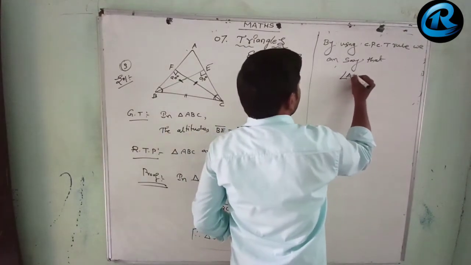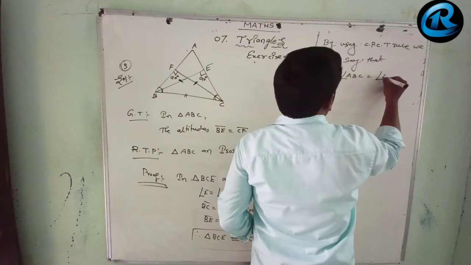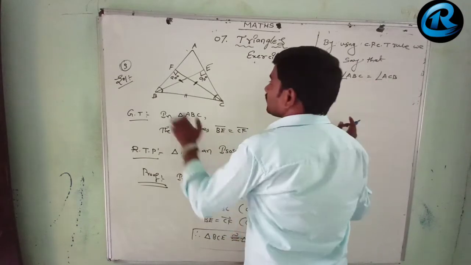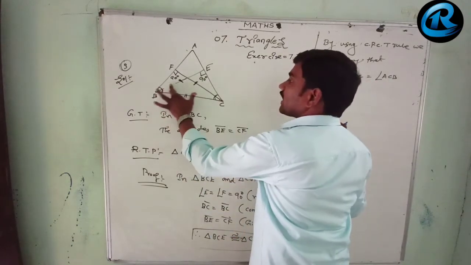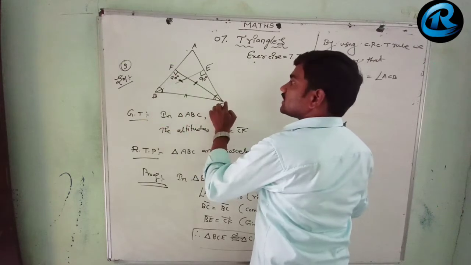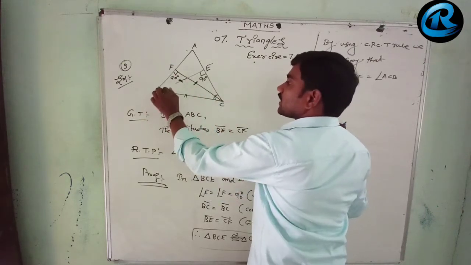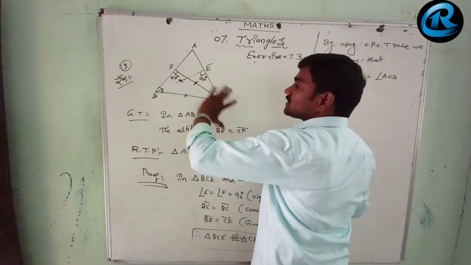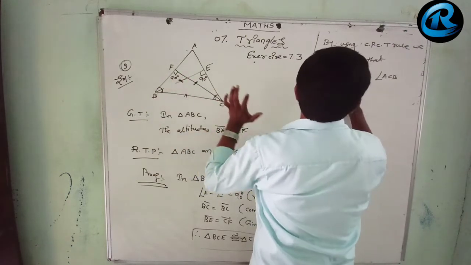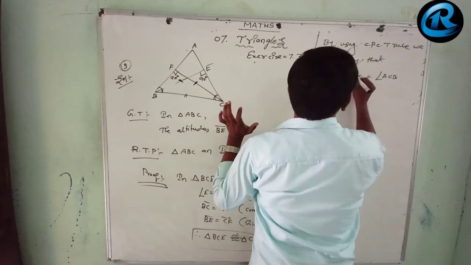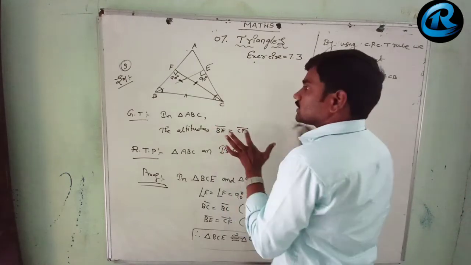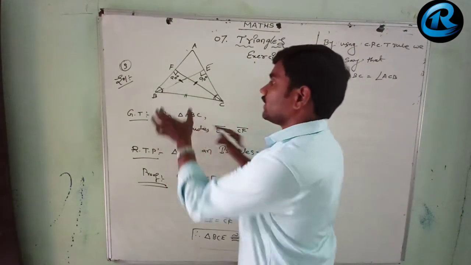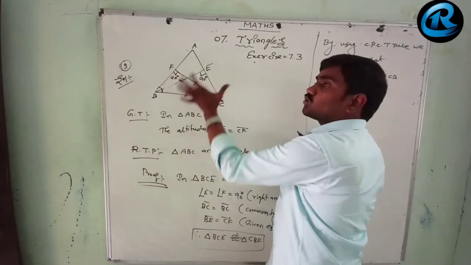Angle ABC equals angle ACB. Angle C equals angle B, or angle B equals angle C, both are the same. So two angles are equal. If two angles are equal, the sides opposite to them will be equal.